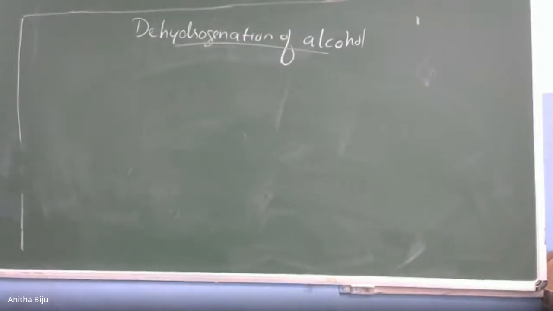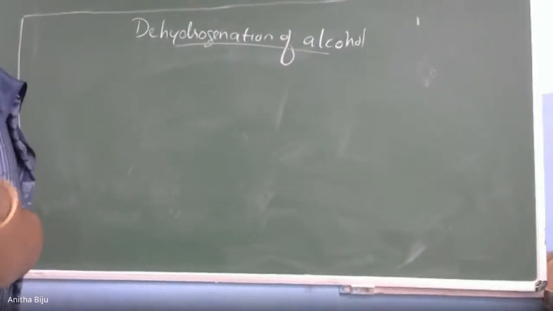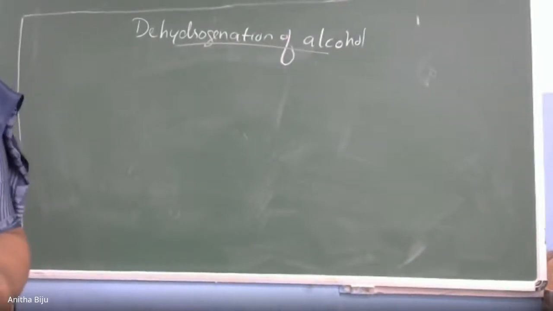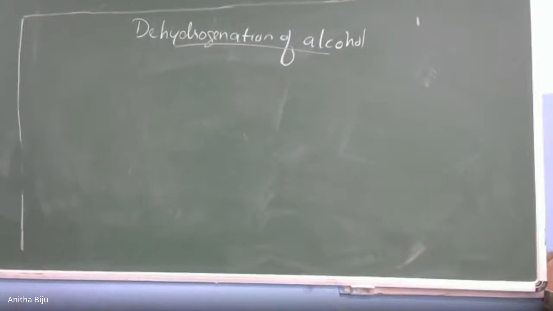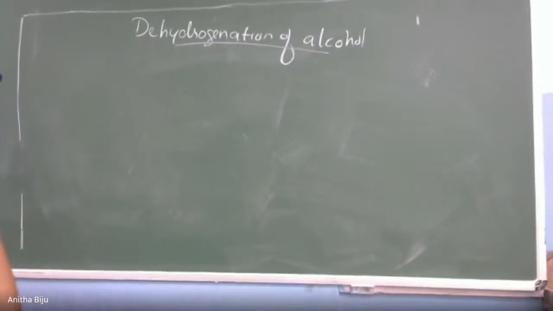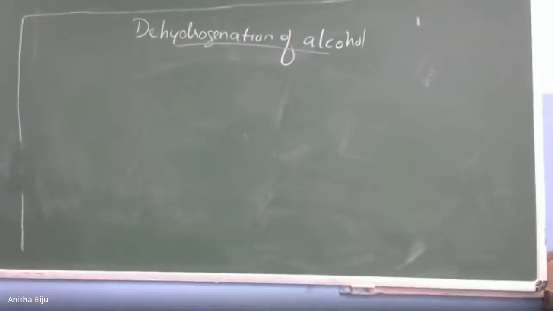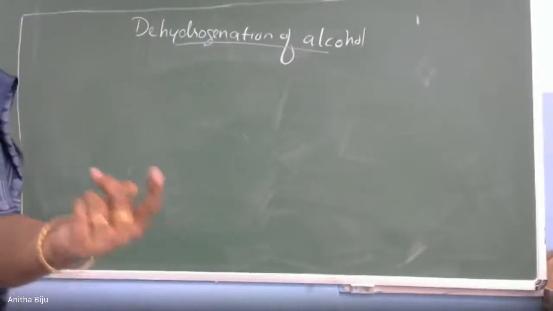When vapors of alcohol, this is a vapor phase reaction, for example vapors of primary alcohol, are passed over a heated heavy metal catalyst, for example copper or silver, which come under the category of heavy metals, at high temperature, near about 573 Kelvin, we get aldehydes and ketones from primary alcohols and secondary alcohols.